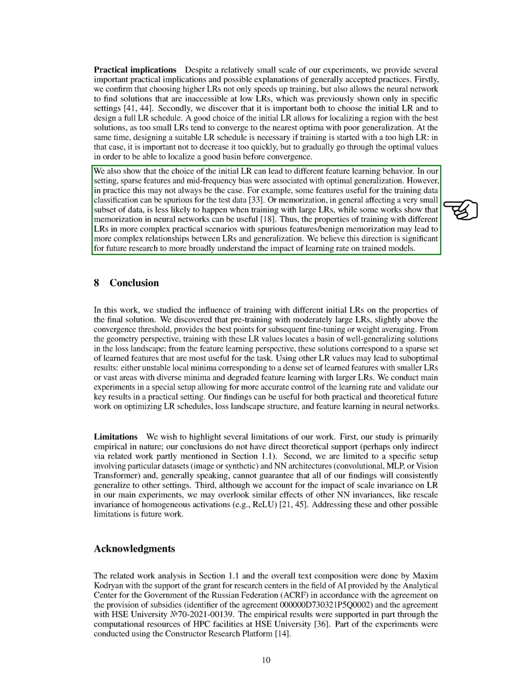Moreover, while training with high LRs reduces the likelihood of memorizing a small data subset, some studies suggest that memorization can be beneficial in neural networks. Thus, the effects of different LRs in more complex scenarios, especially with misleading features or benign memorization, could create intricate relationships between LRs and generalization. We believe exploring this area is crucial for future research to better understand how learning rates impact trained models.